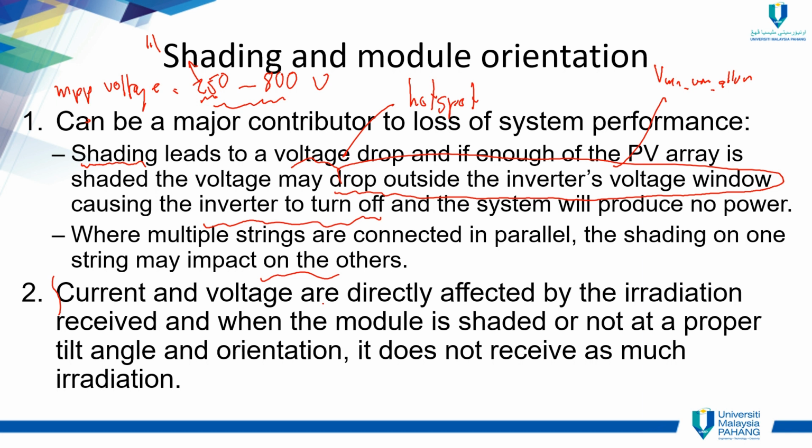Maybe that is one of the reasons why we do a single string only, with less inverter input current, just maybe 10 amps, 11 amps, meaning only one series. So maybe we can reduce the possibility of this hotspot phenomenon. Current and voltage are directly affected by the irradiation received, and when the module is shaded or not at a proper tilt angle and rotation, it does not receive as much irradiation.